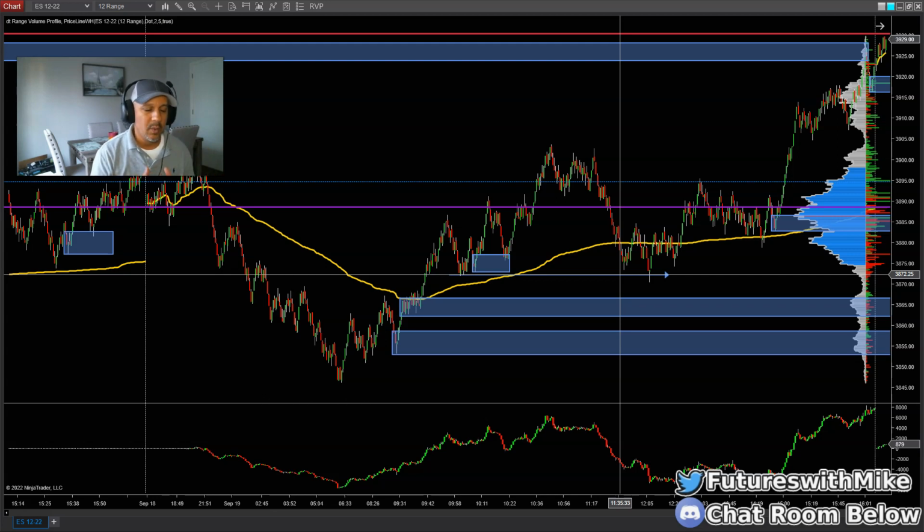But what I like to see when it comes to liquidity grabs is either equal highs or equal lows being taken out. What I mean by that is where the market has come back after forming equal lows.